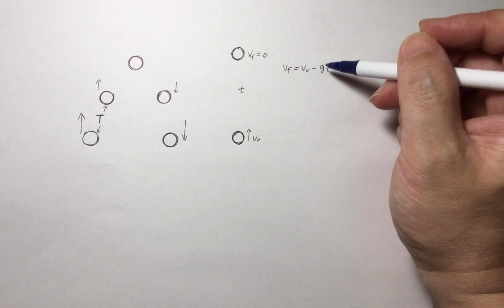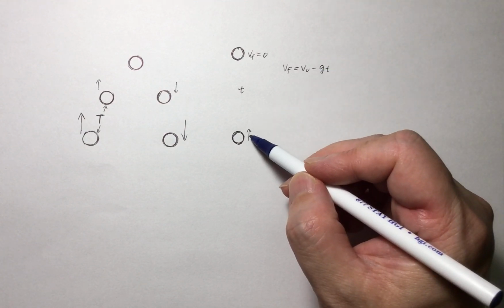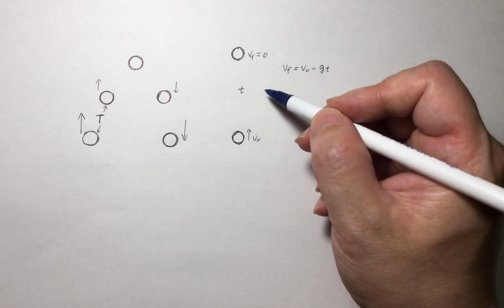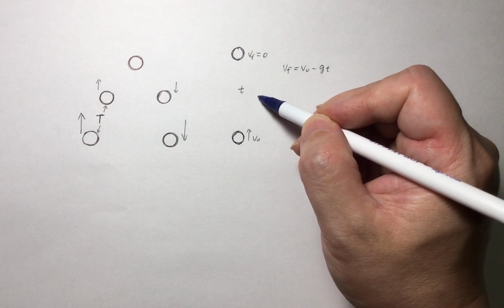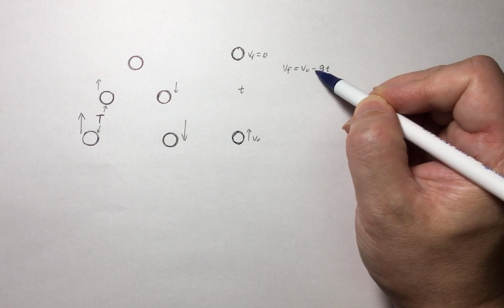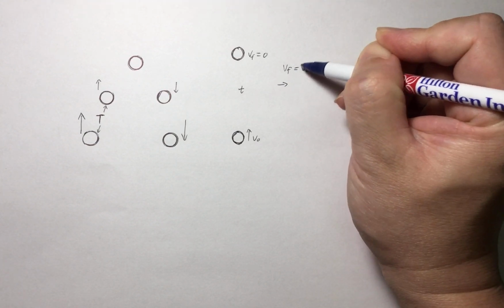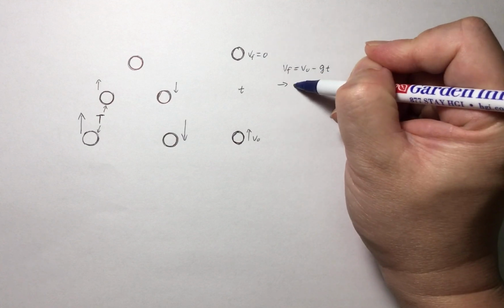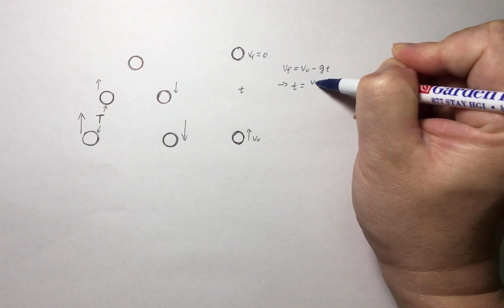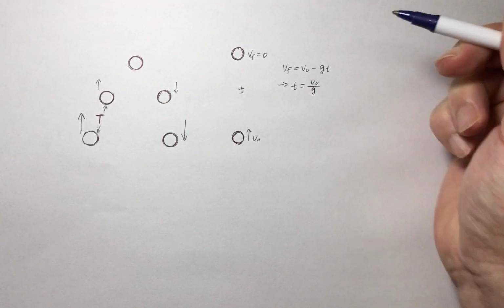G is the gravity. Because the initial speed has the opposite direction of the gravity, there's a minus sign here. Because Vf is 0, t is V0 over G.